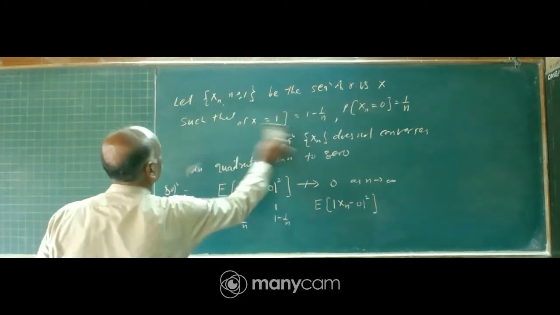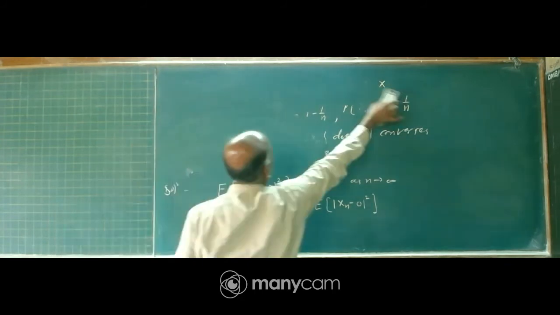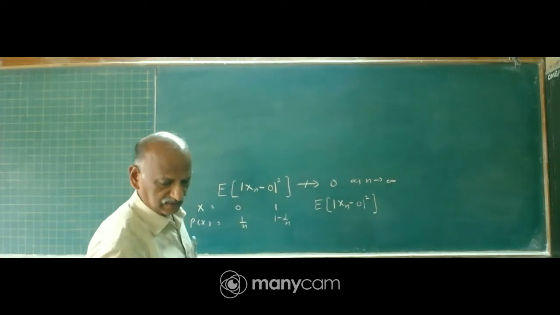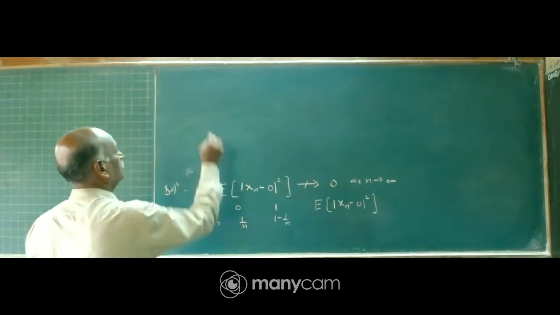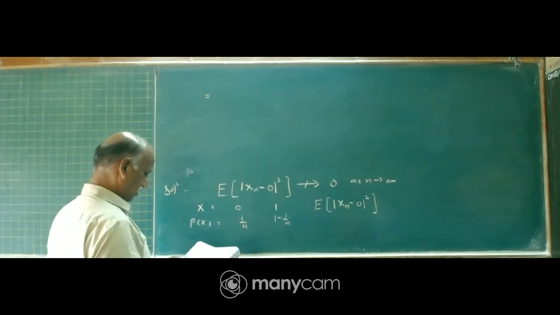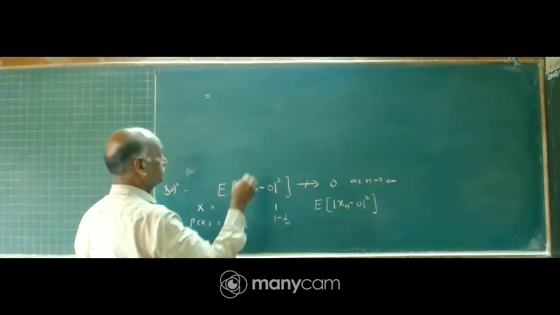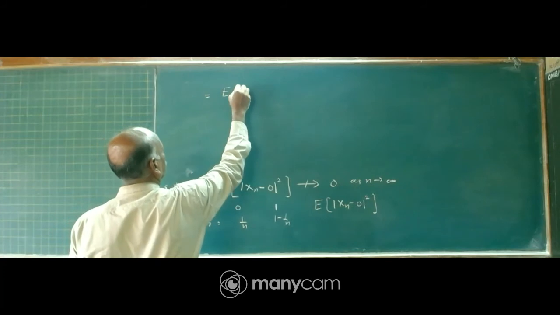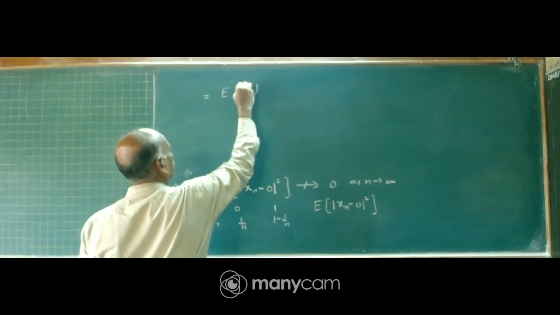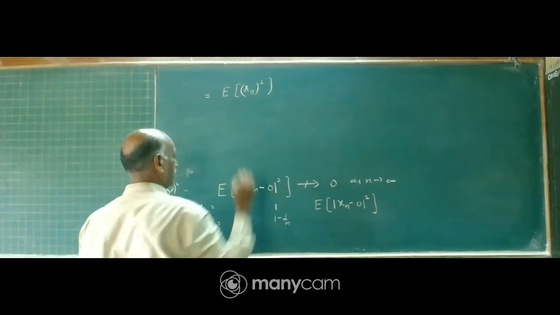Once we consider this, see what we get. The expectation of this is equal to the expectation of Xn square.